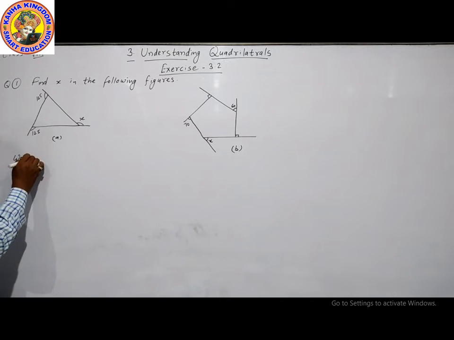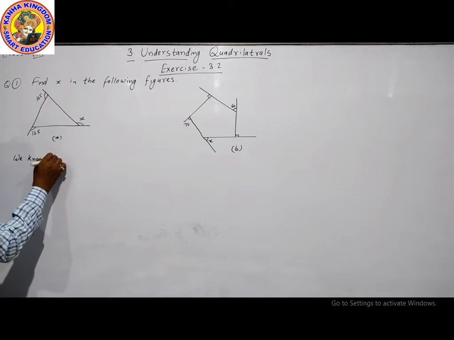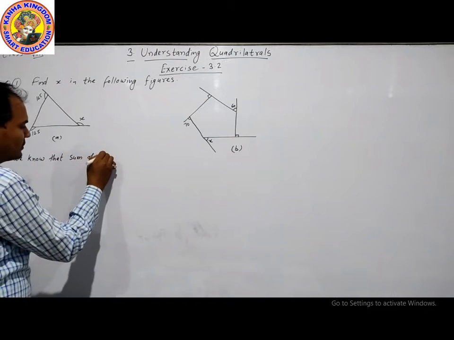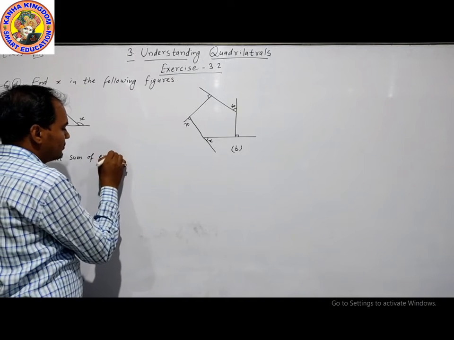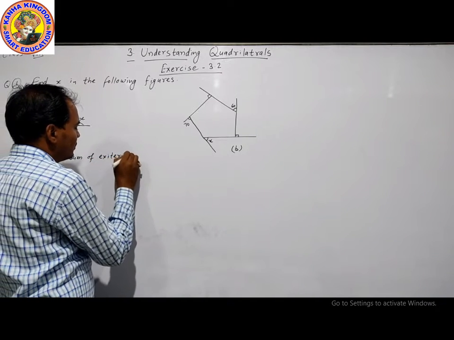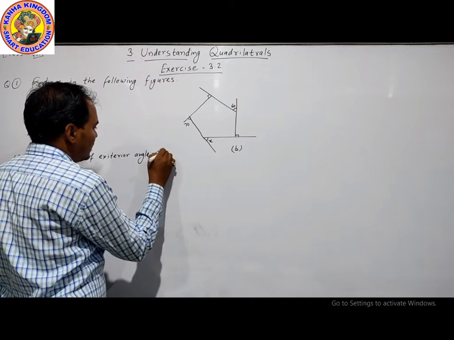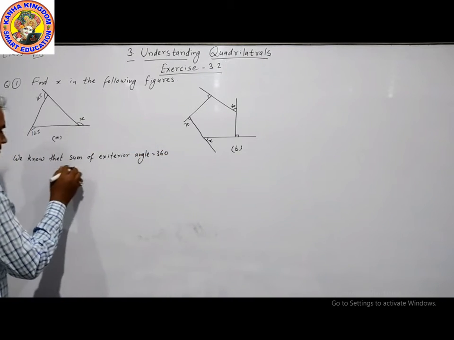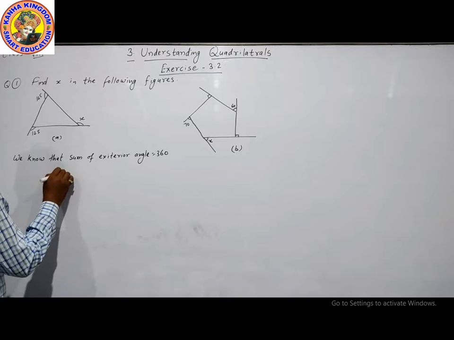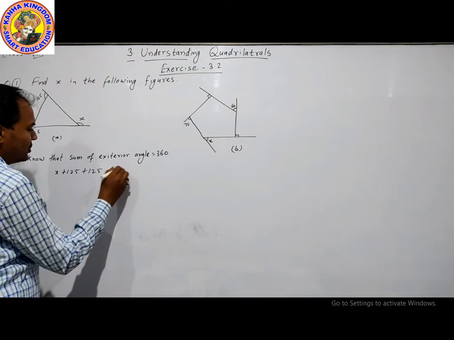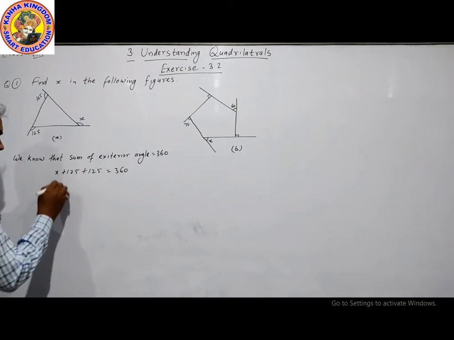We know that the sum of exterior angles is equal to 360. So x plus 125 plus 125 is equal to 360 degrees.